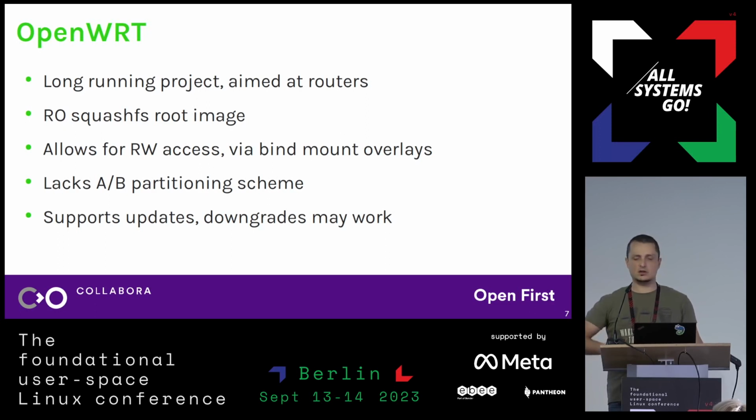That one is mounted, and on top of that, you have a bunch of overlays, I believe at least one, that allow you a certain level of configurability and installing packages, if you choose to do so. It lacks the AB partitioning scheme, so you cannot easily roll back or revert, but it does support, to a certain level, both upgrades and downgrades.